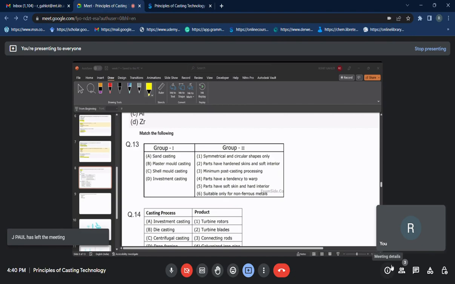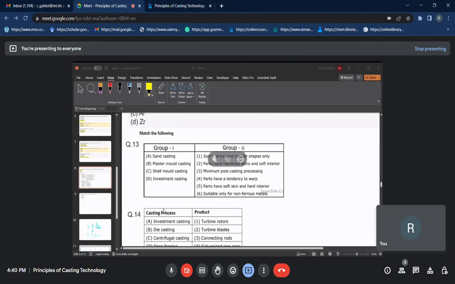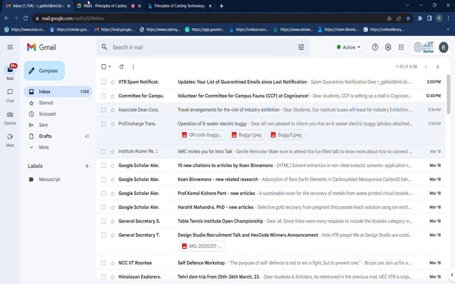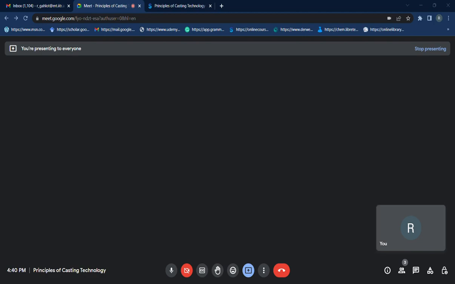Sir, A is sand casting. A for 3, sand casting. Plaster molding, shell, investment casting.